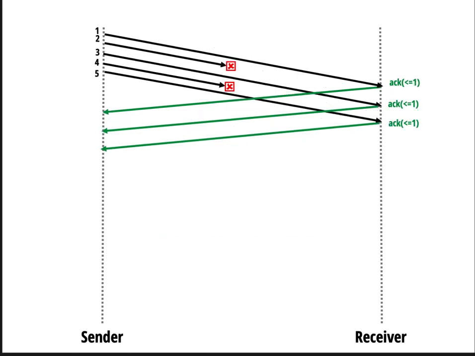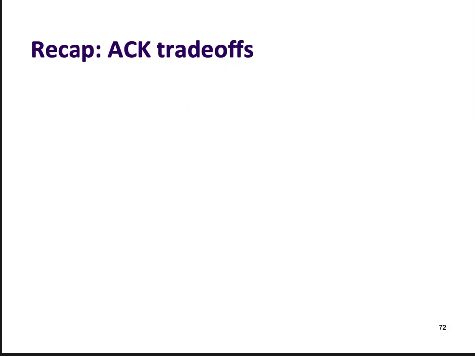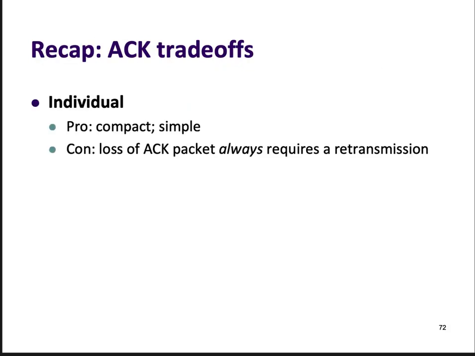Right. So for the next case, you're right. It doesn't know. And this is going to come back to trouble us. But it does tell us something, which is that the presence of an ACK tells me that a new packet was received. So I know how many packets were received. I don't know which ones. If you're feeling like, I don't like cumulative ACKs, I agree with you. But those are the trade-offs that come with it.